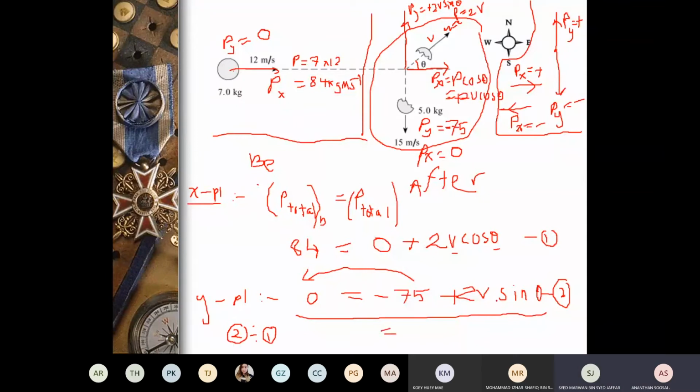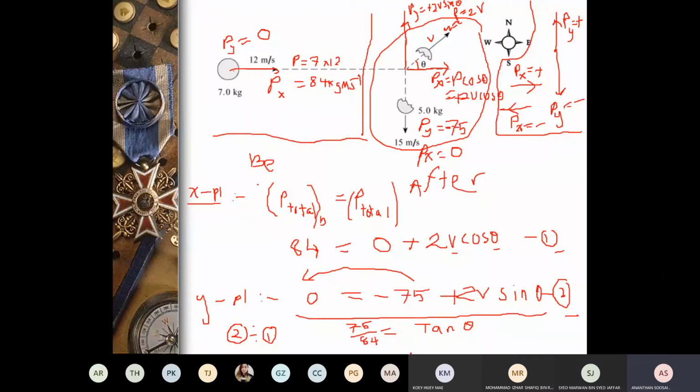So in this case, 2v sine theta divided by 2v cos theta, you get what? You get tangent theta, right? Negative 75 we already brought to the other side. So 75 divided by 84 will appear here, on the left. Okay, good.